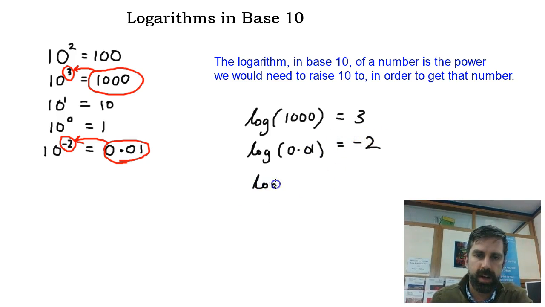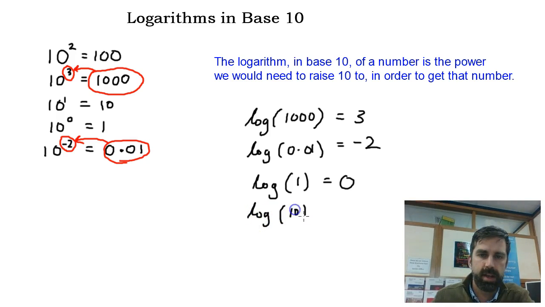Or we could also say the log of 1 would be 0, which is an important result. Or the log of 10 is going to be 1. So these are all the results based on the fact that if we want to get the number 10, we need to raise 10 to the power of 1.